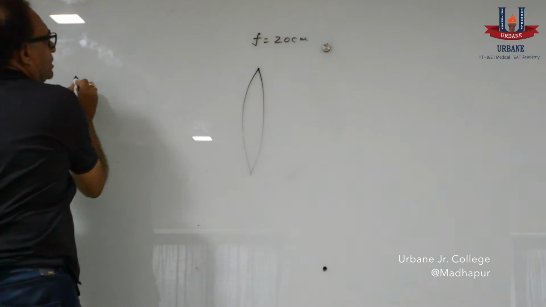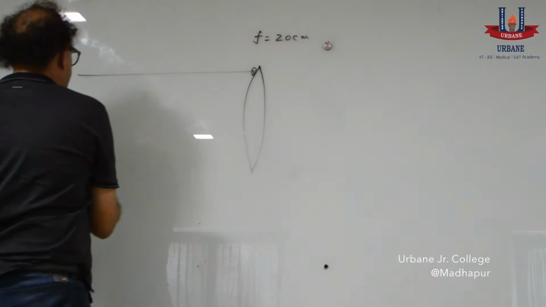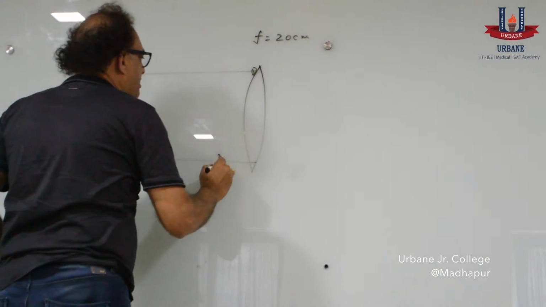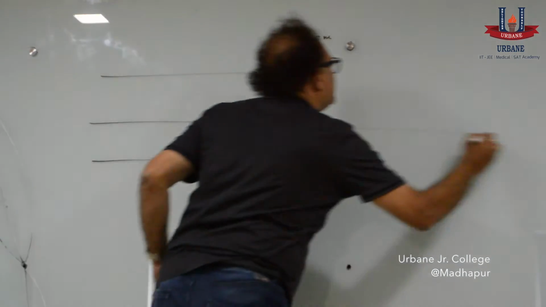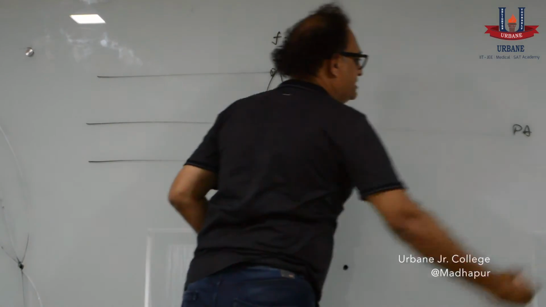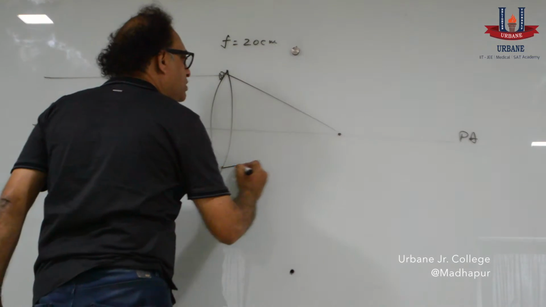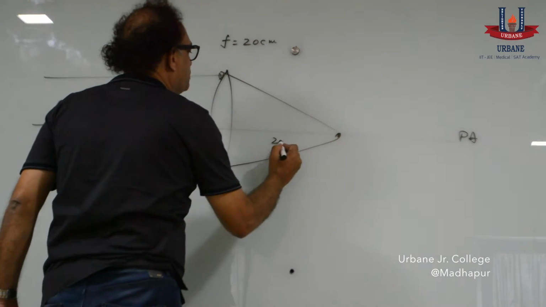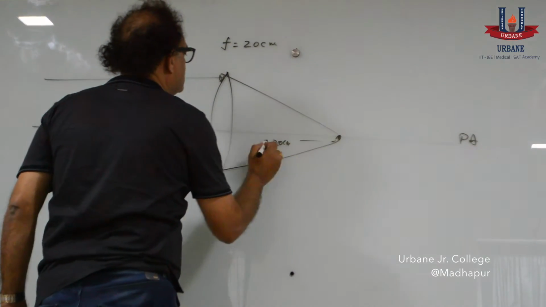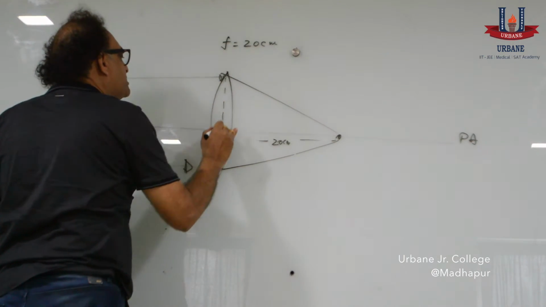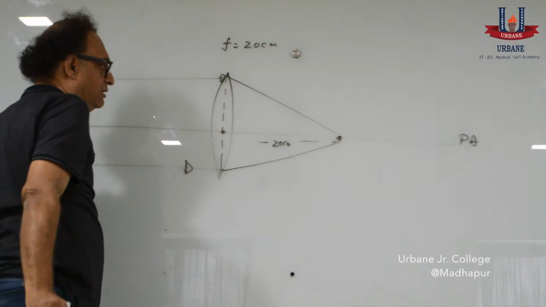That tells you that if there is a ray which is trying to travel from a distant object, if this is what is called the principal axis, the rays are going to converge to a point that is 20 centimeters from the optic center of this particular lens.